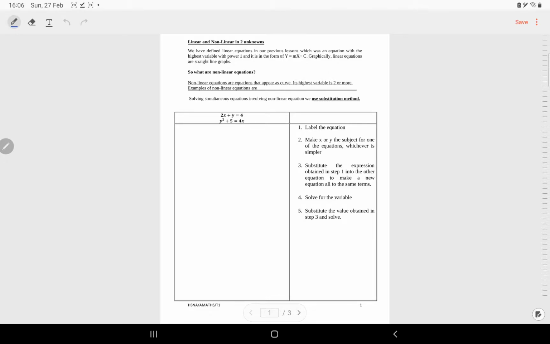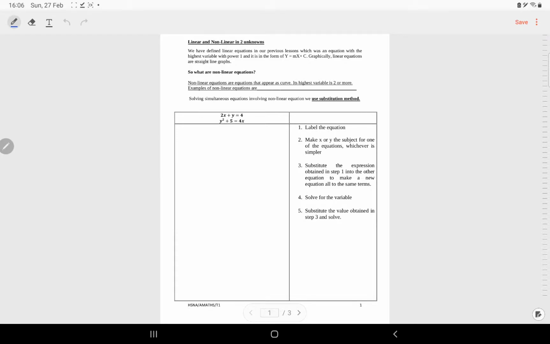It says 2 or more here, but I will give you an example later. Basically, anything that is not a straight line equation is what we call a non-linear equation.